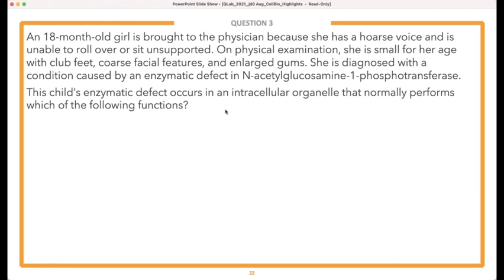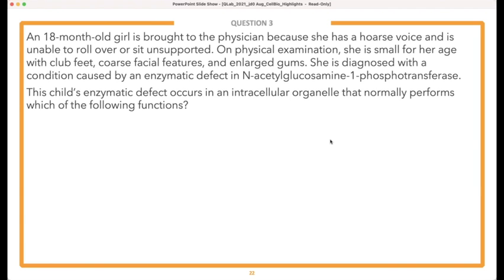She is diagnosed with a condition caused by an enzymatic defect in N-acetylglucosamine 1-phosphotransferase. So again, the question: this child's enzymatic defect occurs in an intracellular organelle that normally performs which of the following functions? So think about that as I turn it over to Paris. Paris.